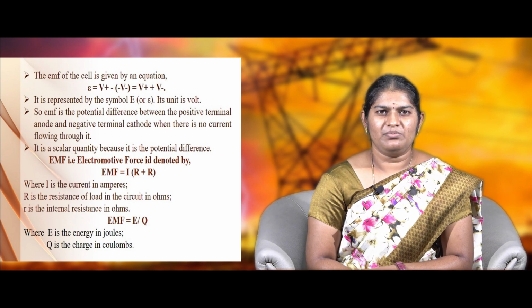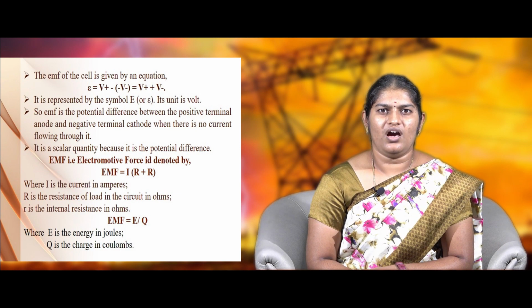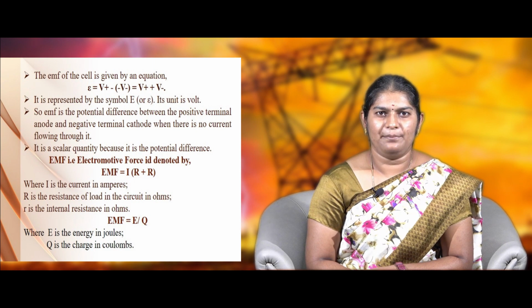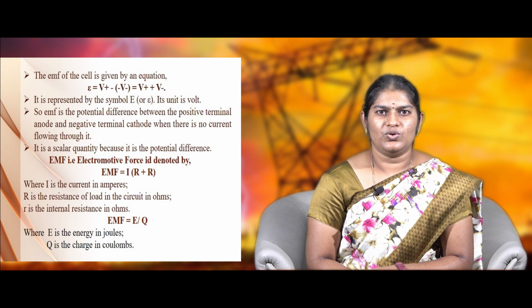Electromotive force is given by the following equation: EMF E = I(R + r), where I is the current measured in ampere, R is the resistance of the load in the circuit measured in ohm, and r is the total internal resistance of the cell measured in ohm. EMF is also equal to E/Q, where E is energy measured in joule and Q is charge measured in coulombs.